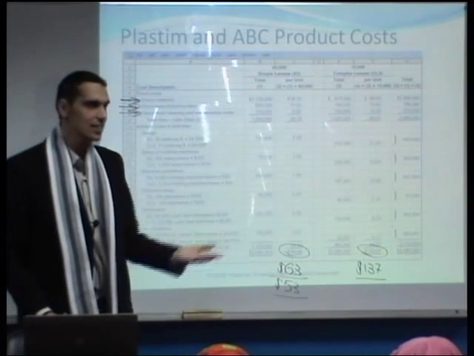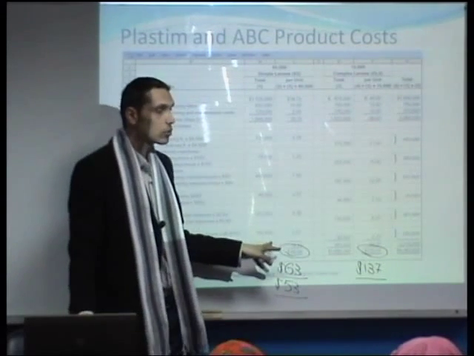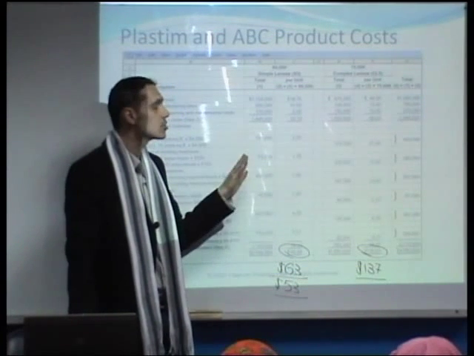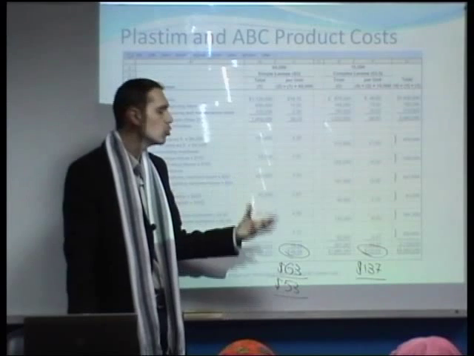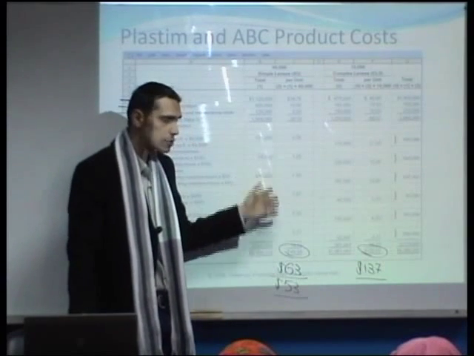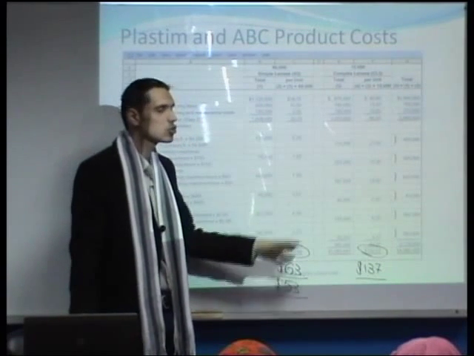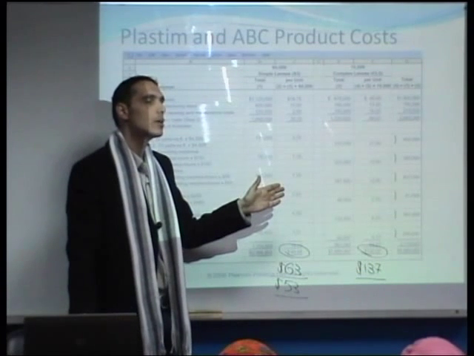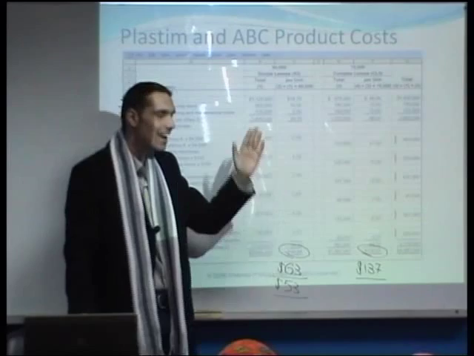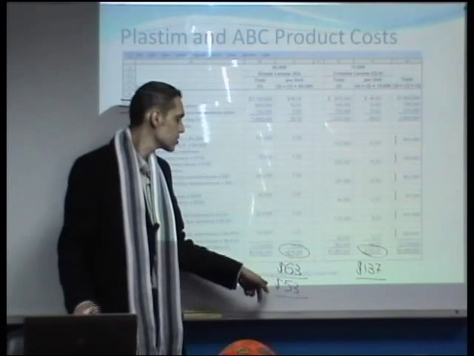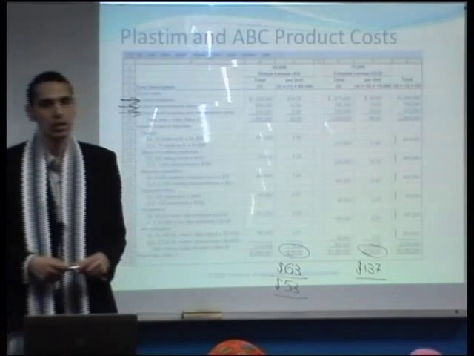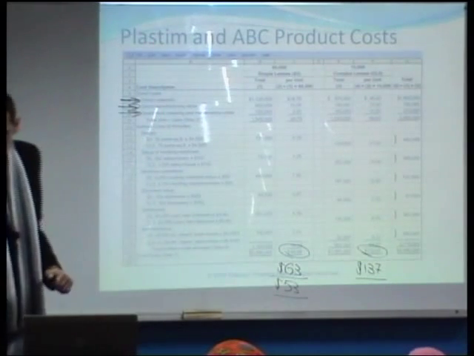Because as we can see here, according to the costing system, we found out that the S3 really costs us $49 or $50 to produce. Therefore, we can sell and attain a profit on the S3 at the price of $53. Any questions?